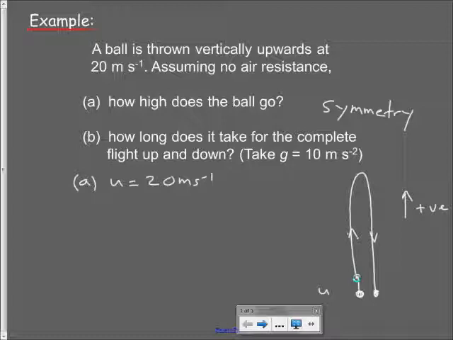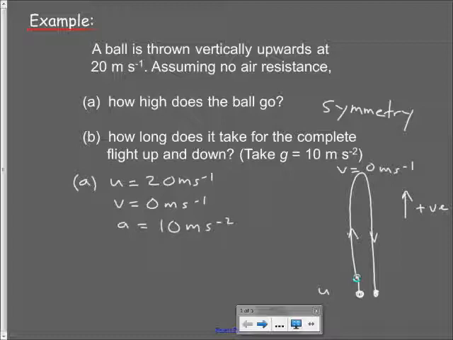At the top, instantaneously, the velocity is going to be 0 meters per second. And then we've got the acceleration due to gravity. In this case, it's said to make it 10, so we'll do that. Normally, we would use 9.8, but let's use what it says.